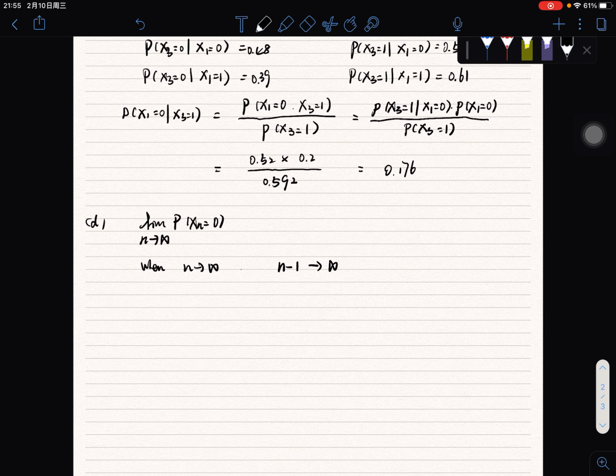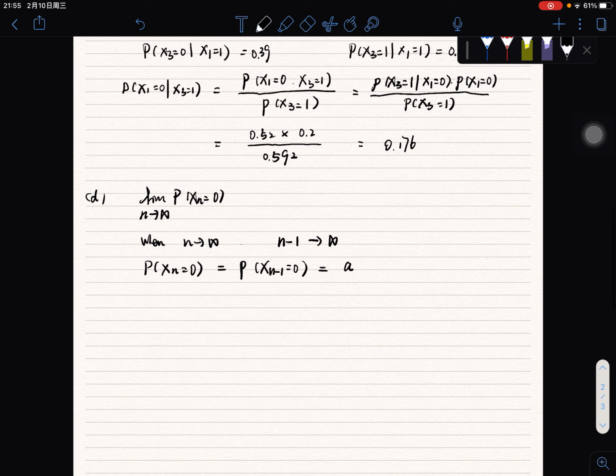So we can assume the probability of xn equals 0 equals the probability of xn minus 1 equals 0, and we call it a. So we get the probability of xn equals 1 equals the probability of xn minus 1 equals 1 equals 1 minus a.